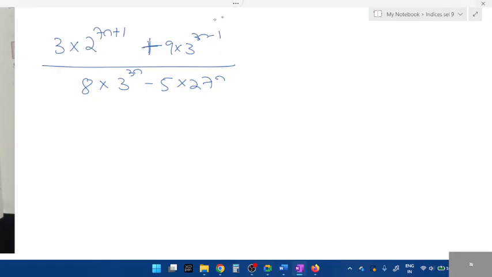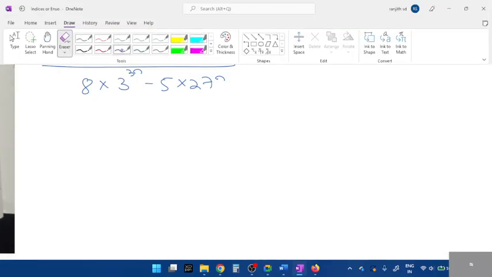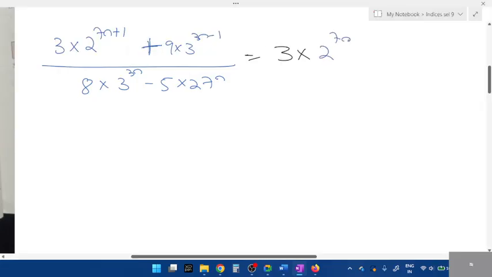Okay, look at the first one. 3 as it is, multiplied by 2 to the power 7n plus 1, plus. How do I write 9? How can we write 9? 3 square, not 3. 3 to the power of 2 multiplied by 3 to the power 3 minus.